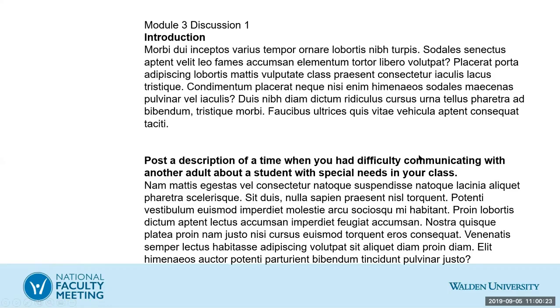I also include a model discussion response that the students can see so they get the idea of how their response should appear. So here is a model discussion response for Module 3, the first discussion. Here is the introduction, followed by the student response.